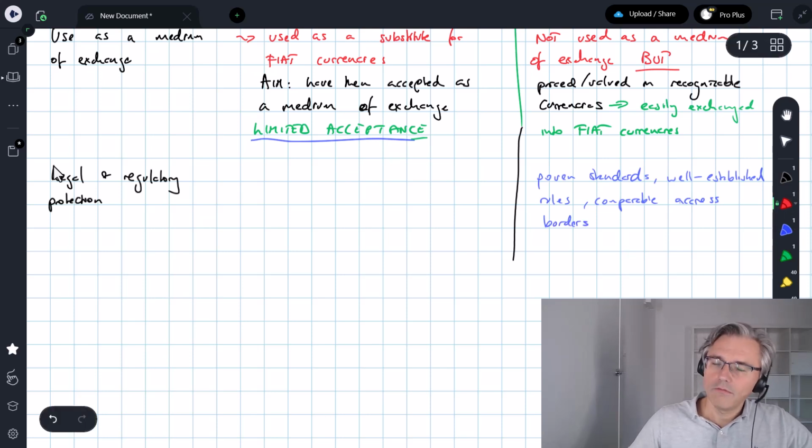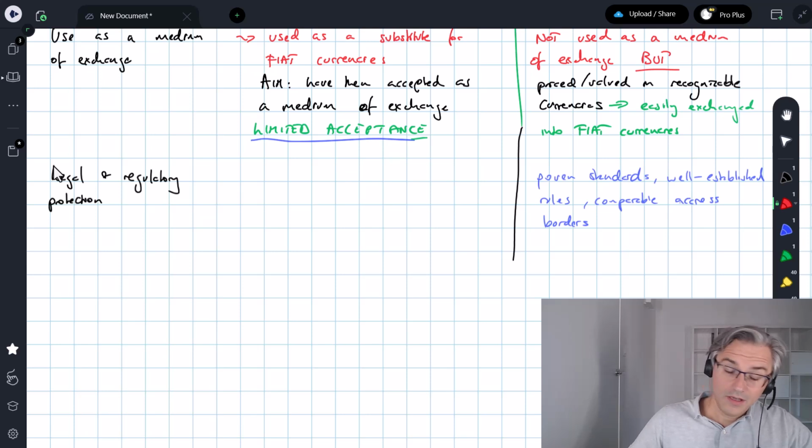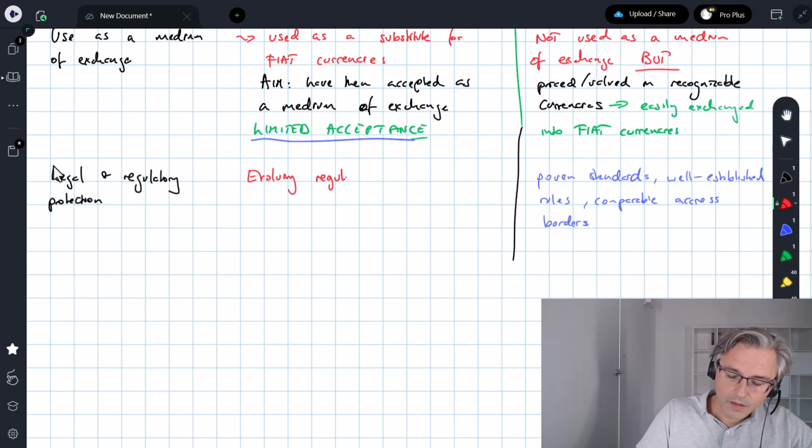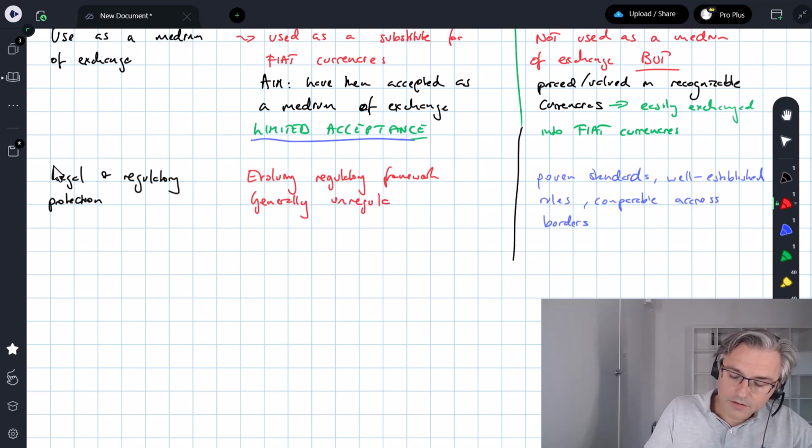However, with digital assets, you still have a very much evolving regulatory framework, a framework that is subject to change. This stuff is still generally unregulated, despite regulators having a closer look.